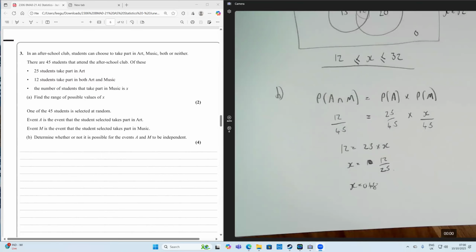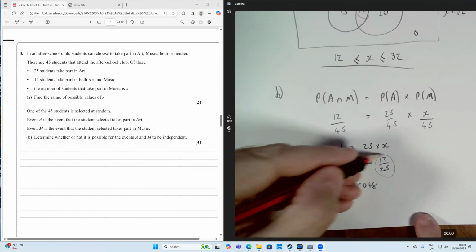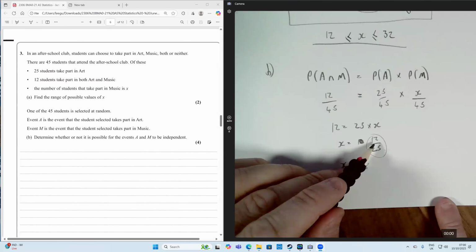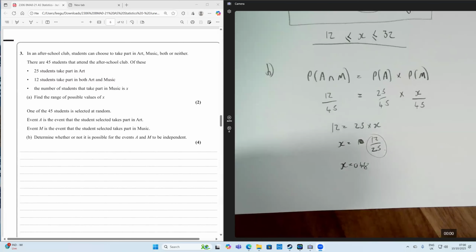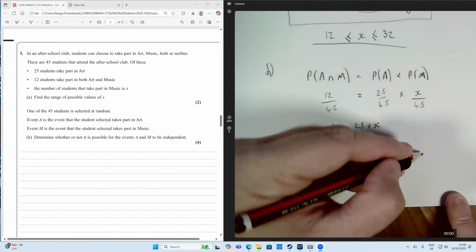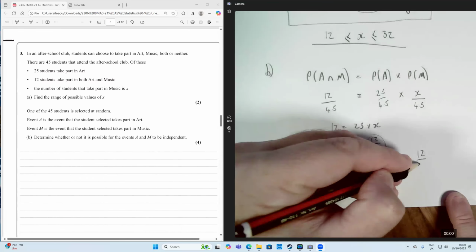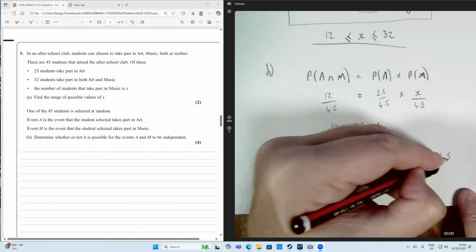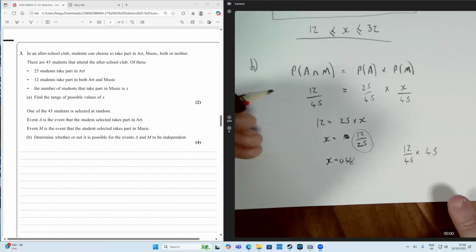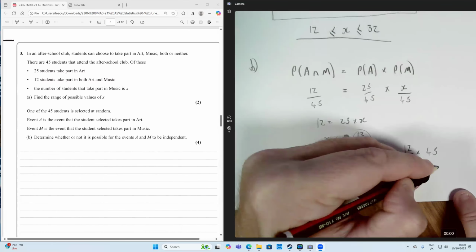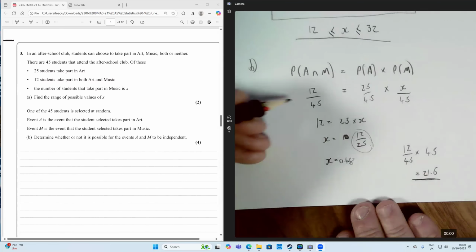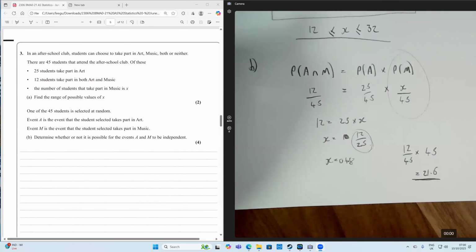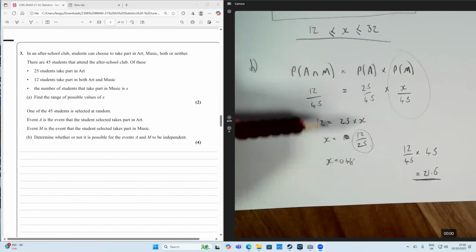Because that is a probability, we're going to need to multiply it by 45. So the number of students taking part in music, if this was the case, would be the probability of music times all the students, 45. That would give us 21.6 students taking music.